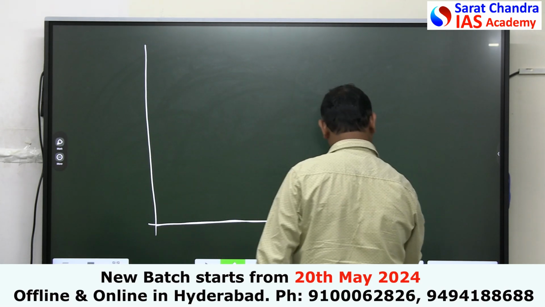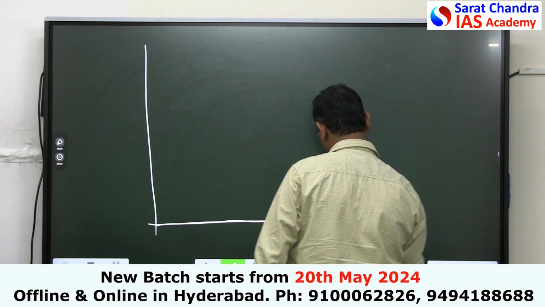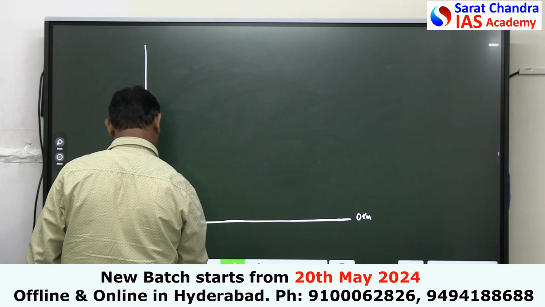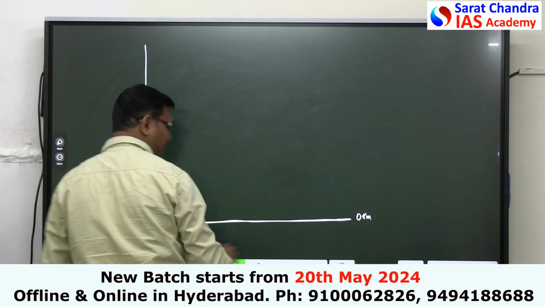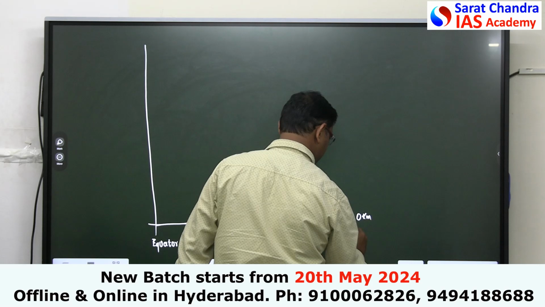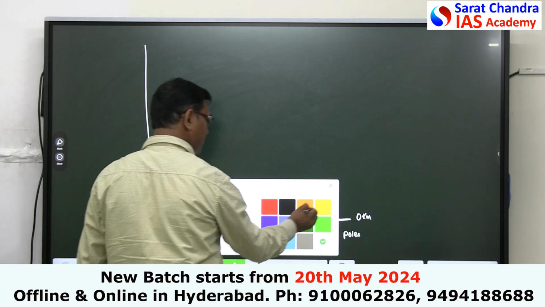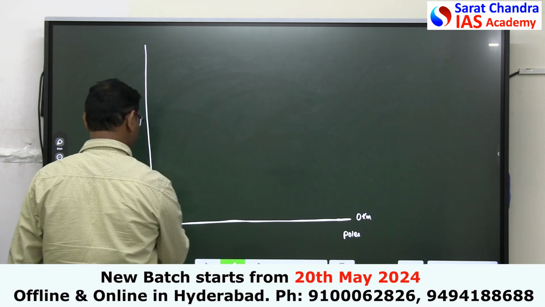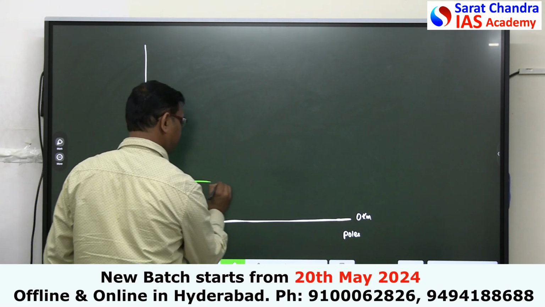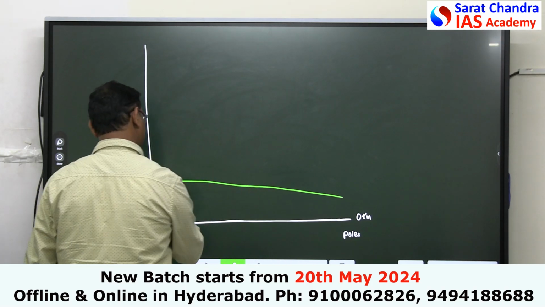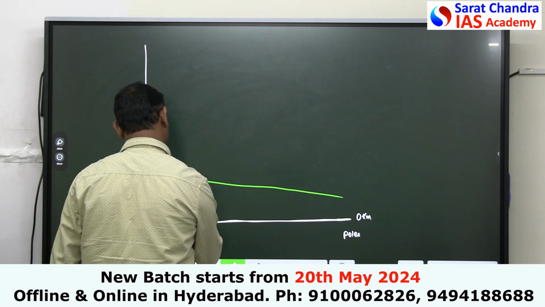0 kilometer. This is the equator. This is the poles. This is not a straight line.